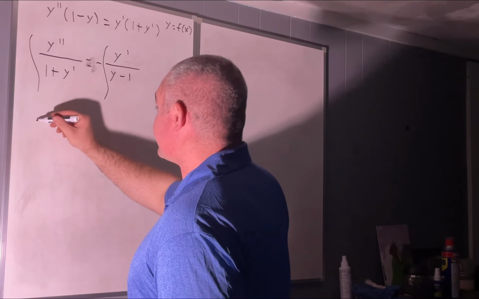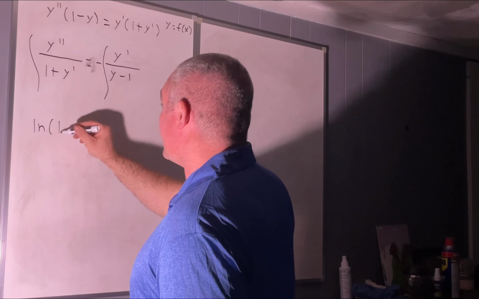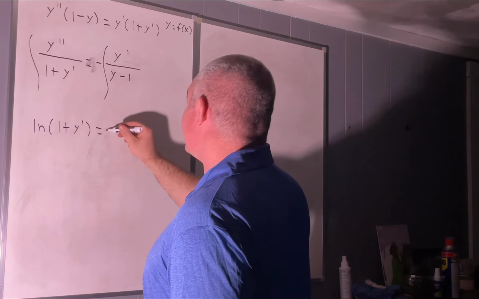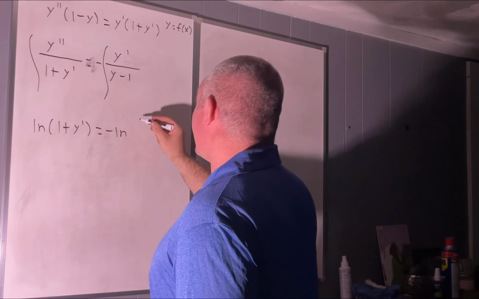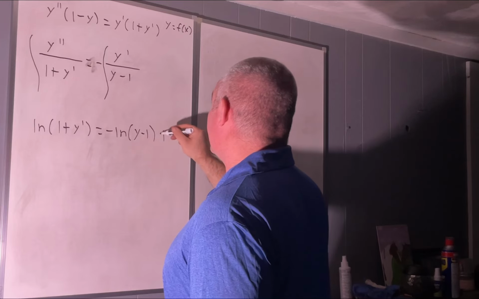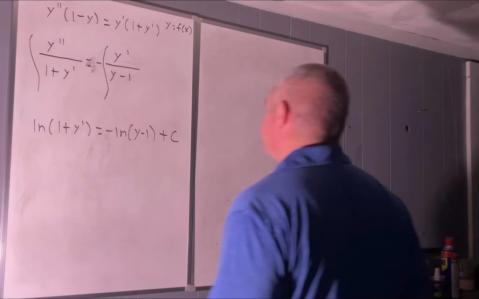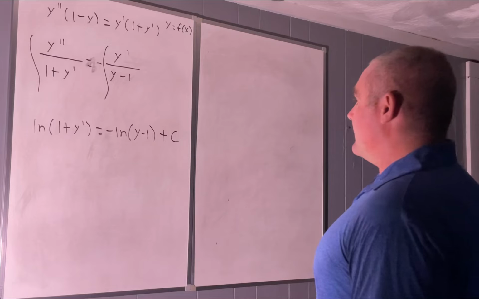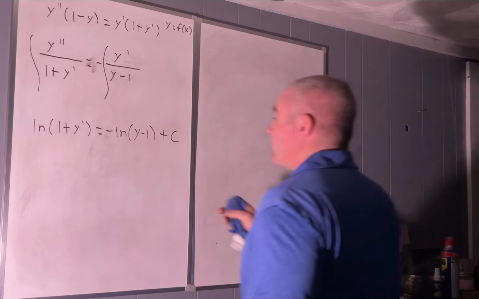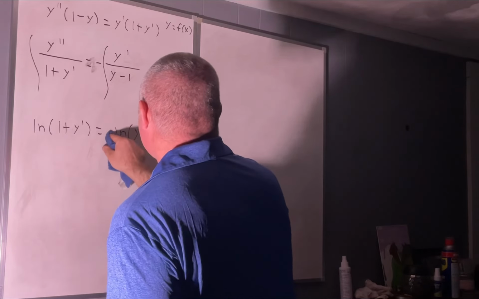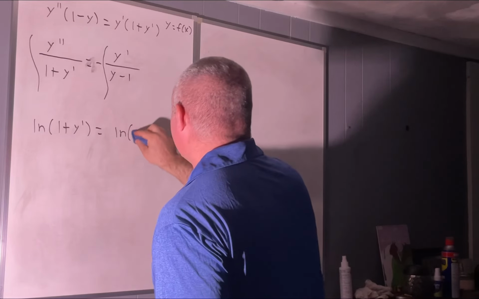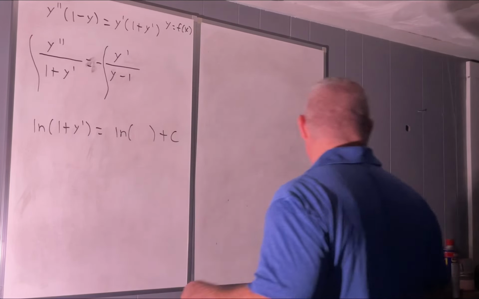So integrating both sides of this is going to give you the natural log of 1 plus y prime is equal to negative natural log of y minus 1 plus c. Now, I'm going to bring this negative sign inside the natural log and flip it.